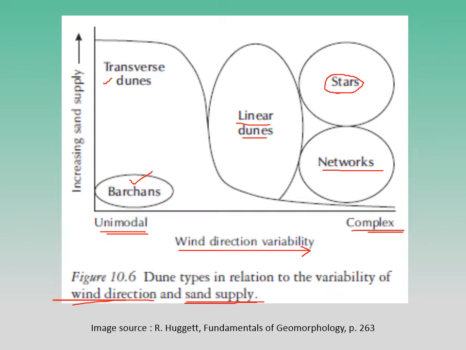Similarly, with the same amount of sand supply, by changing the wind direction, we can get various types of dune forms. Now coming to the details of the various kinds of dune forms.